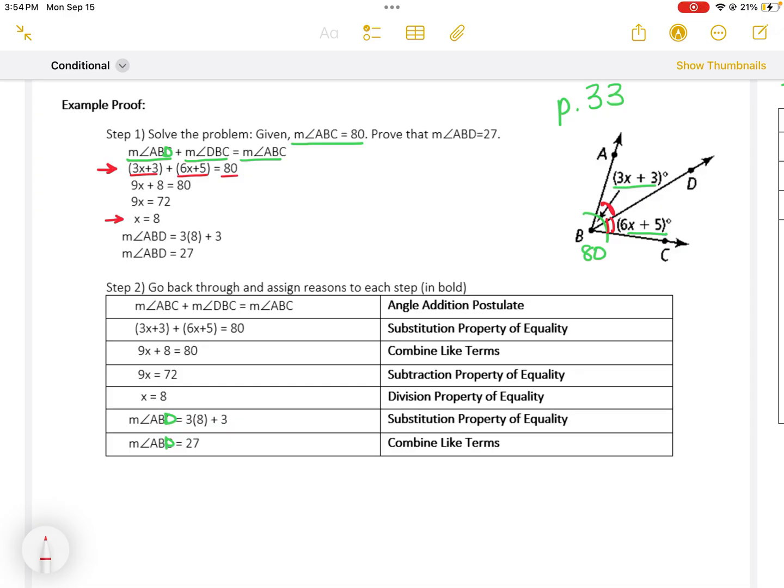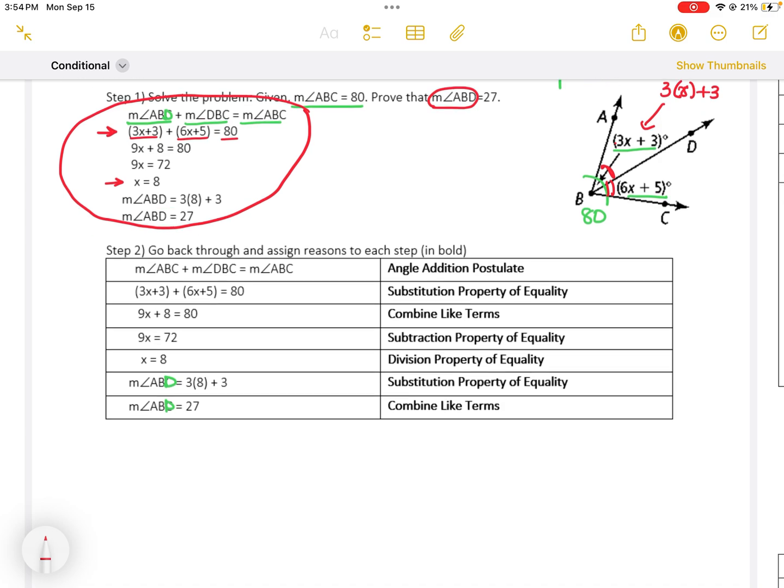And then since it wanted us to find ABD, we would just plug it back in. Let's see, where is it? Right here. ABD is right here. We would just plug it back in, 3 times, and we got our x is 8. 3 times 8 plus 3 is 27. So this right here is work that you guys did on problems in Unit 1 and on the Unit 1 test.